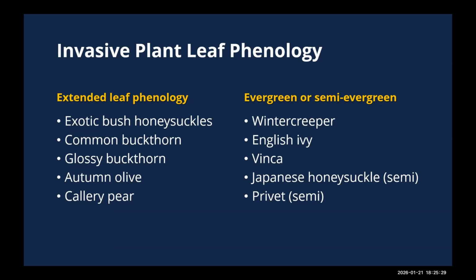And so winter creeper, English ivy, and vinca are three evergreen invasive plants. And then Japanese honeysuckle, which is the viney one, and privet are what we call semi-evergreen, which they do lose their leaves. They're not true evergreens, but they really hold on to them for quite a while.